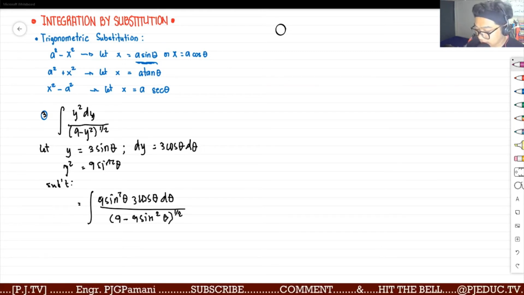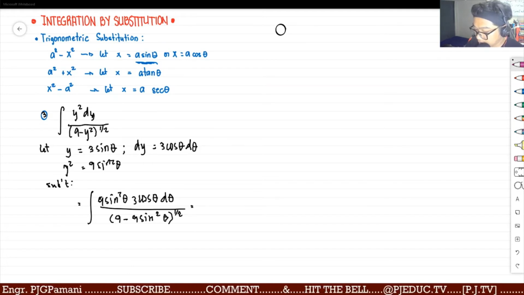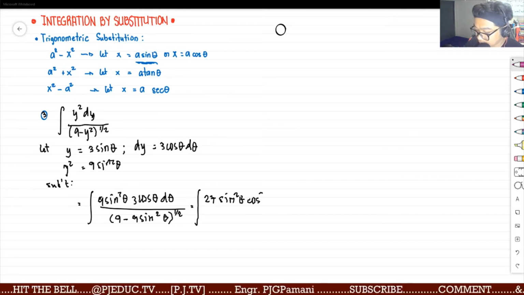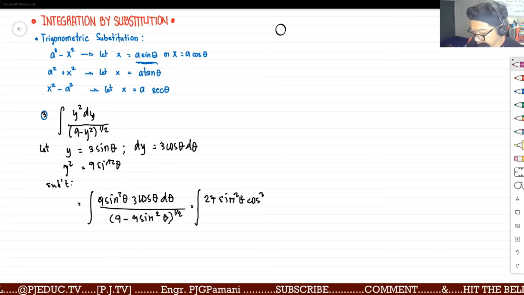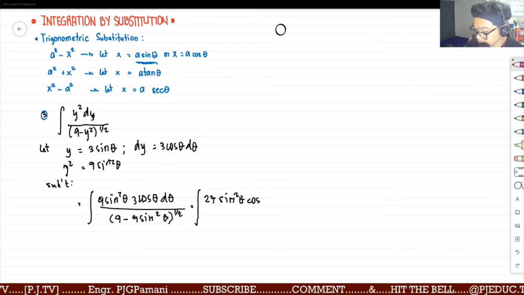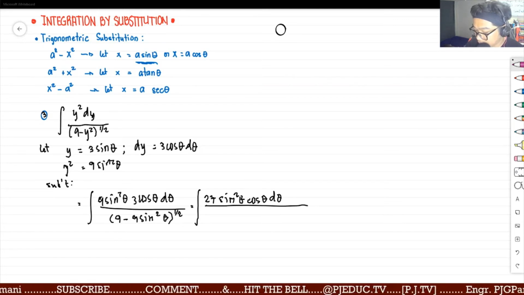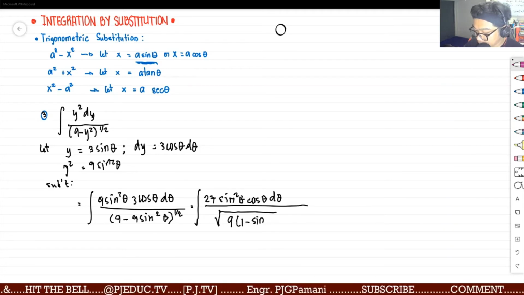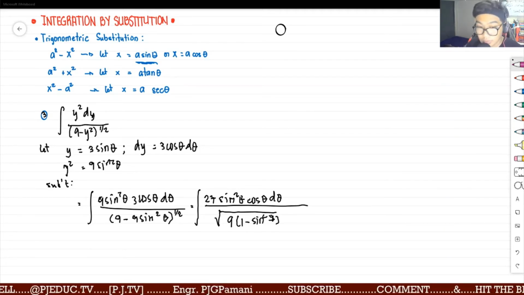Alam naman na natin yung ibig sabihin ng expression na yan, is 27 sine squared theta times cosine theta d theta all over square root of 9 times 1 minus sine squared theta. Diba?